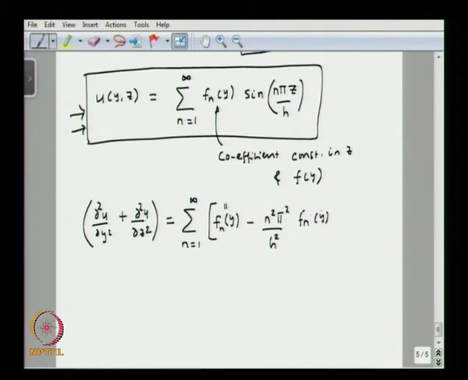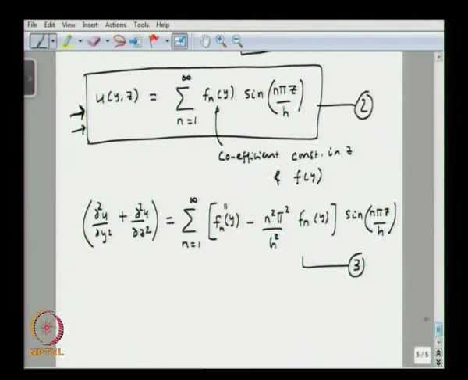Okay. So, we are just substituting this in the left hand side, this is what we would get, into sin(n pi z over h), right. So, let us call it equation 3, let us call this equation 2.